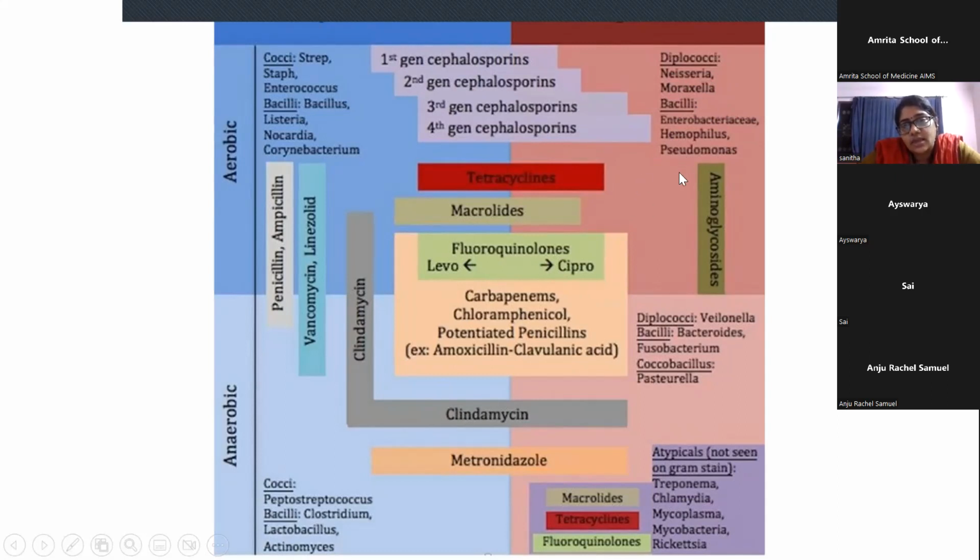And we can also use tetracyclines, macrolides, fluoroquinolones, carbapenems, etc. for gram-negative organisms. And if you see anaerobes, there is Veillonella species, Bacteroides, Fusobacterium, Pasteurella, for which clindamycin and metronidazole is efficient.